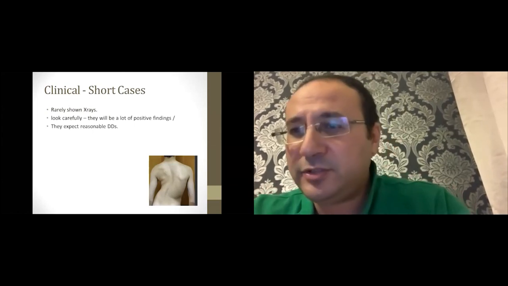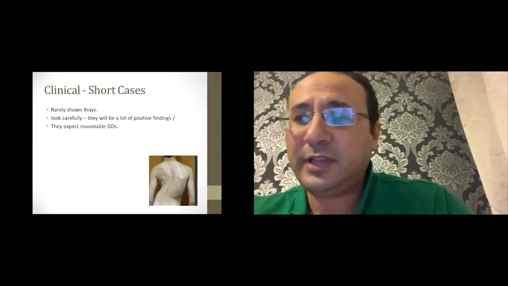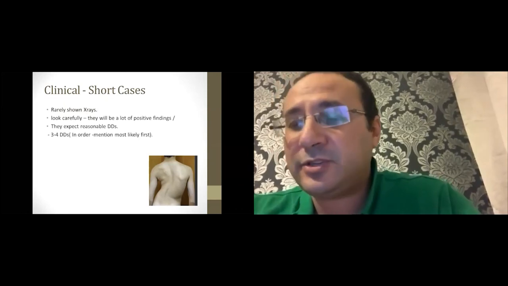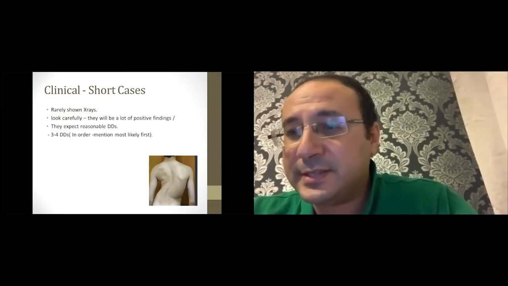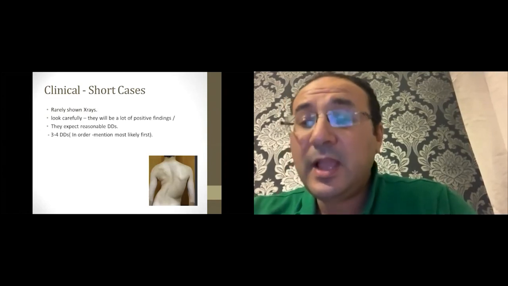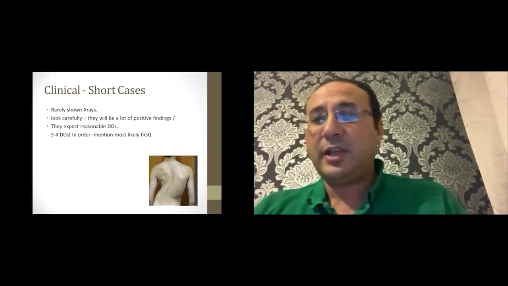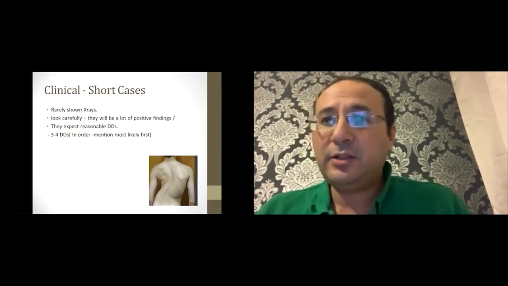So whether or not you can see a tuft of hair, whether or not you can see café au lait patches, whether or not you can see any associated or causative diseases.